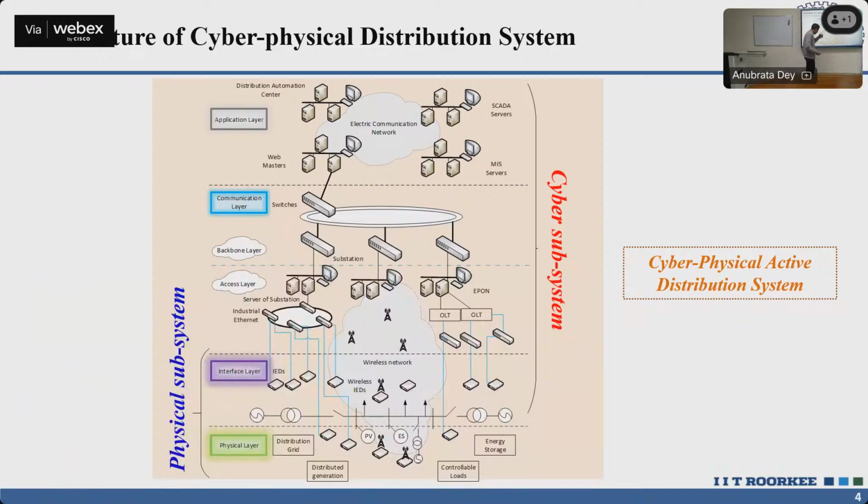Now, when your passive distribution network is converted into an active distribution network because of the connection of DER and other smart devices, then your cyber physical distribution network looks like this, right? You have to start from the bottom and go to the top one.